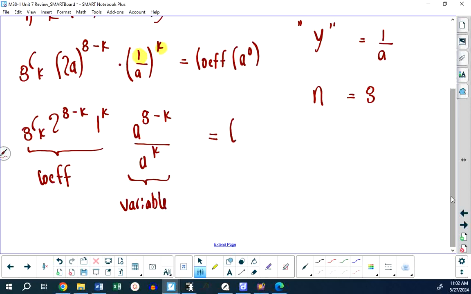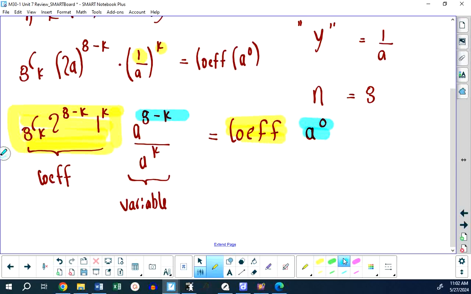This is equal to our coefficient times a to the 0. But what this means, everybody, is that this is our coefficient. But more importantly, this is a to the 0. It has to be a to the 0.